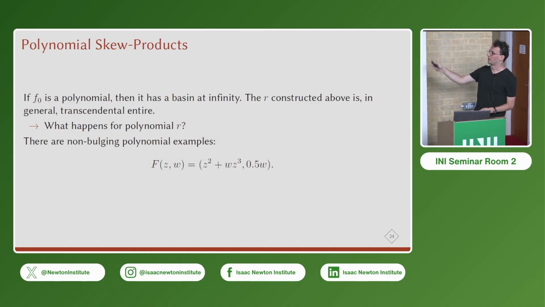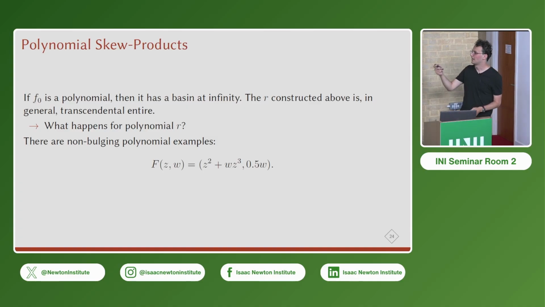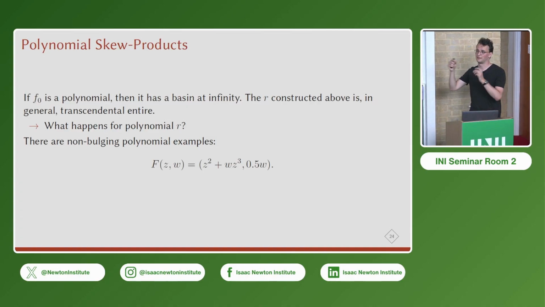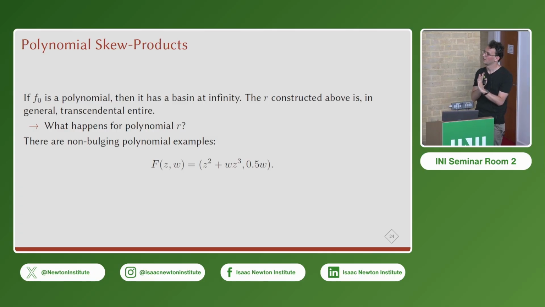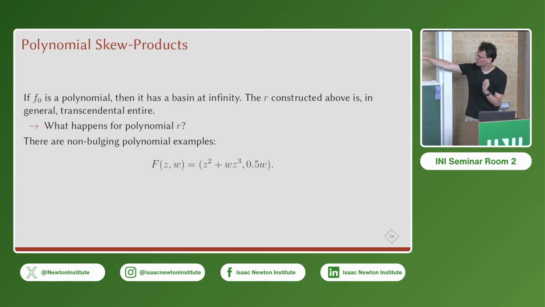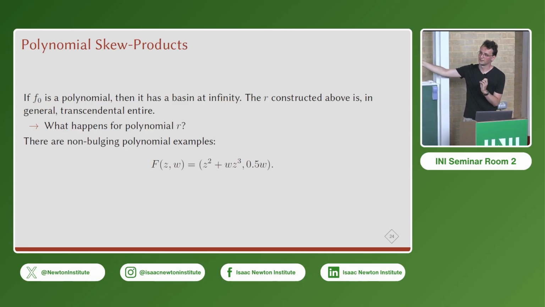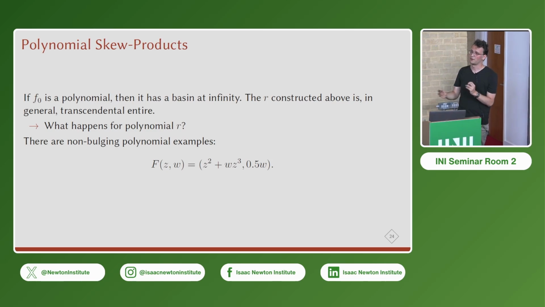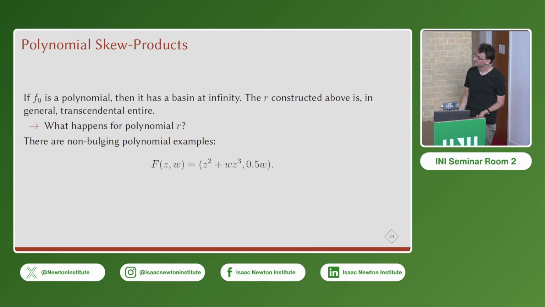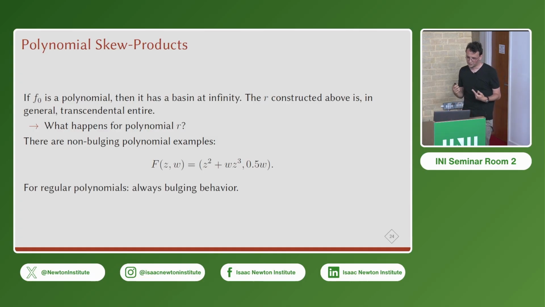However, even though we have those examples, this one here has a very specific property, which is that the degree of the polynomial degenerates on the invariant fiber. In the first coordinate, we have, well, degree 3 in z. But if w is 0, we just have a quadratic polynomial. And this is important because most people tend to study regular polynomials.